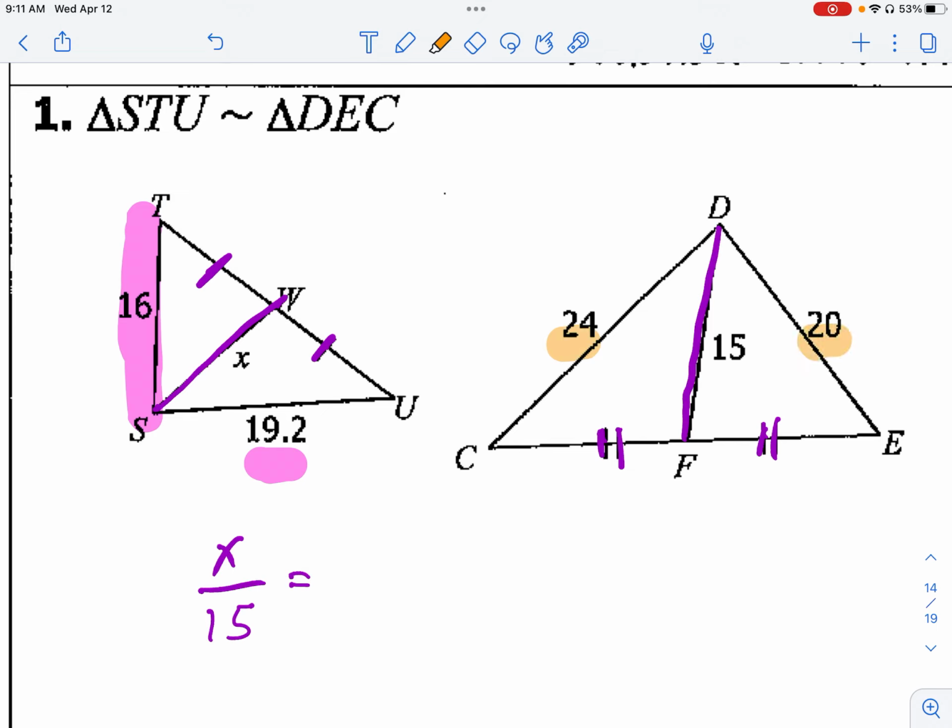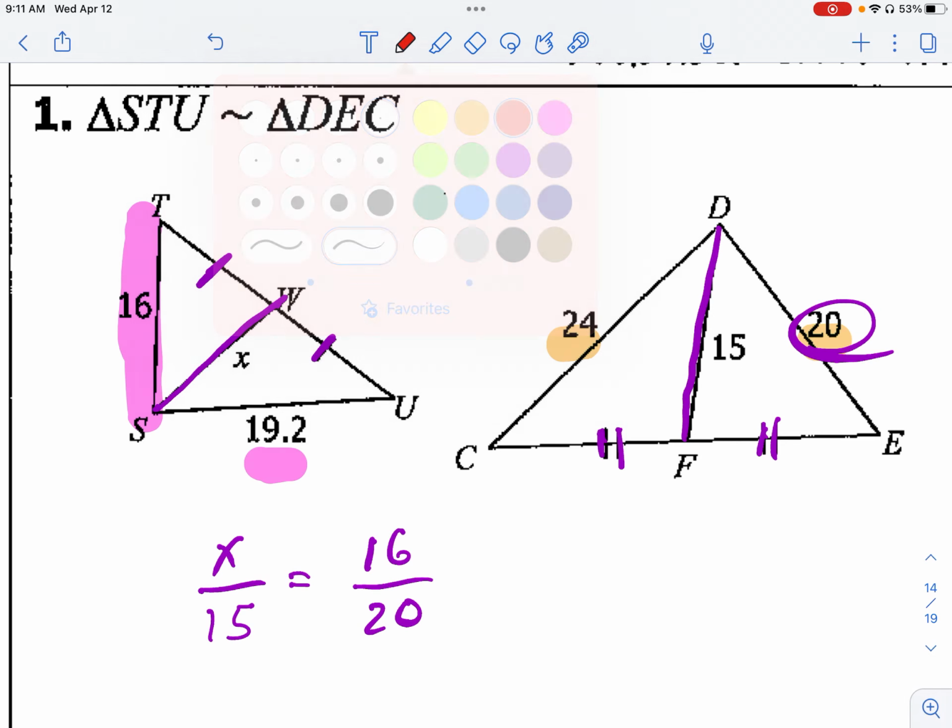Well, just like any time we're matching up sides in a normal triangle, the littlest side goes with the littlest side, the biggest side goes with the biggest side, and the middle side goes with the middle side. So 16 is the smaller of the two, and 20 is the smaller of the two on this side. Then we cross multiply and solve for x.